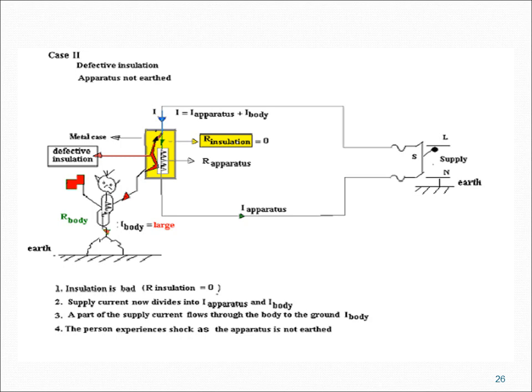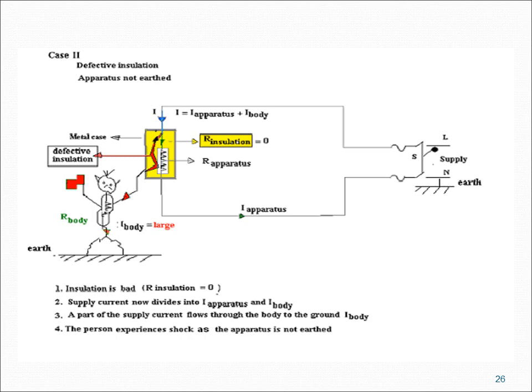If there is any problem and the insulation is bad, then the resistance of the insulation is zero. The supply current now divides into two parts, I apparatus and I body. So the leakage current flows through the apparatus as well as the human body that touches the apparatus.